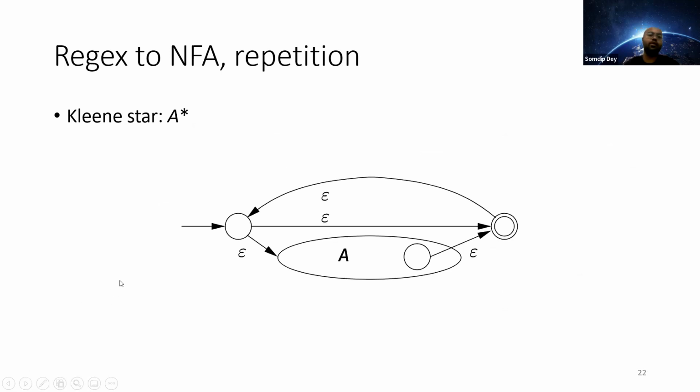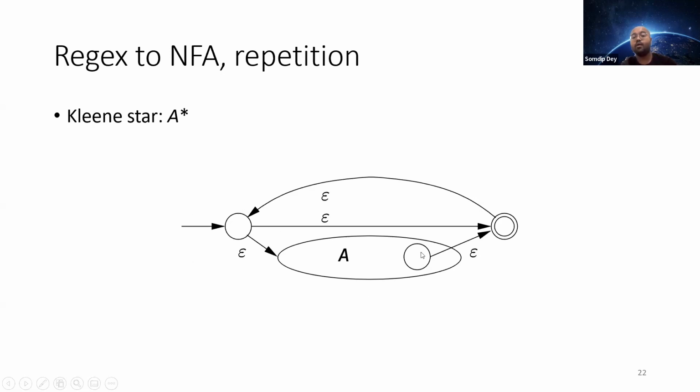Now, another thing to keep in mind is that we have already seen that in regular expressions we use the star, which means it recurs to itself. The state remains in itself for the input string. We call that the Kleene star. Let's say the input string is A star. If we convert that to an NFA, it will look something like this: you have the start state.